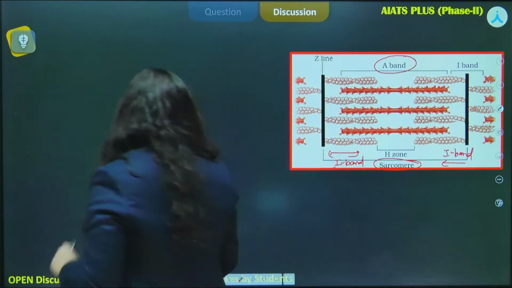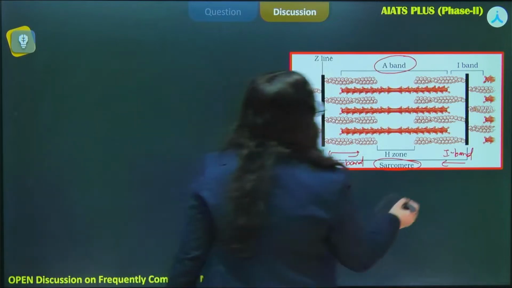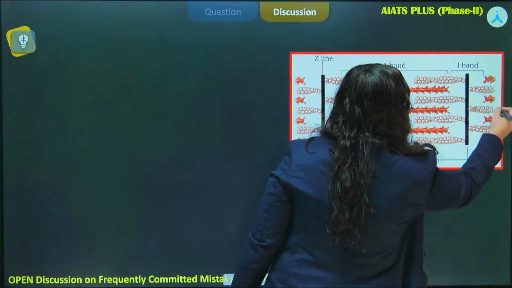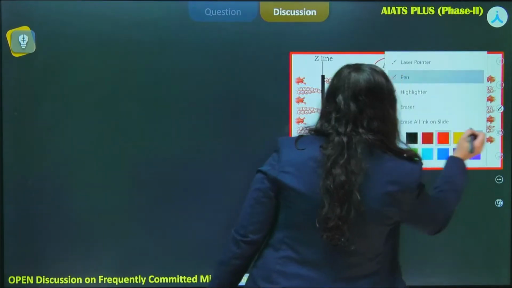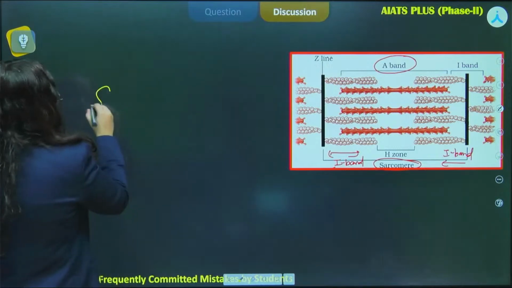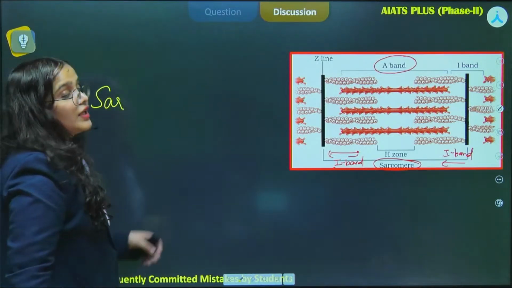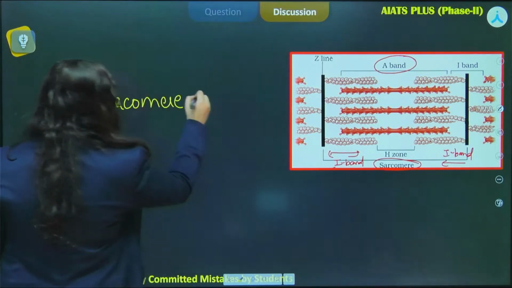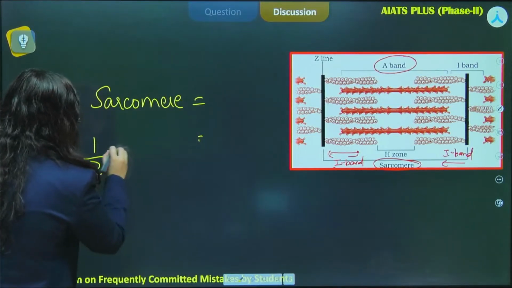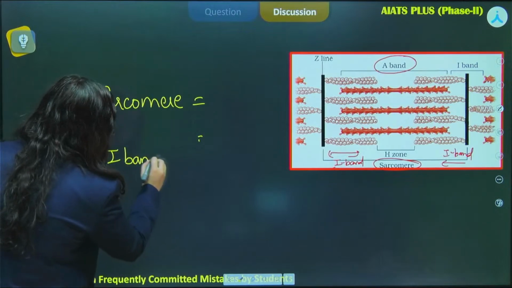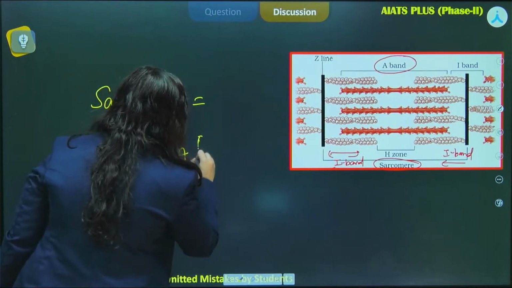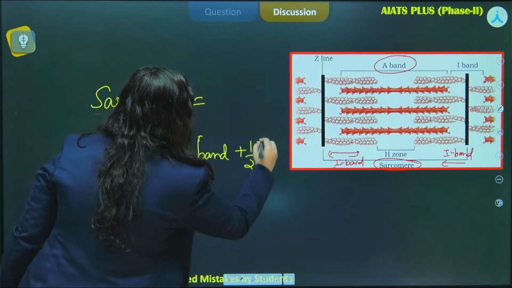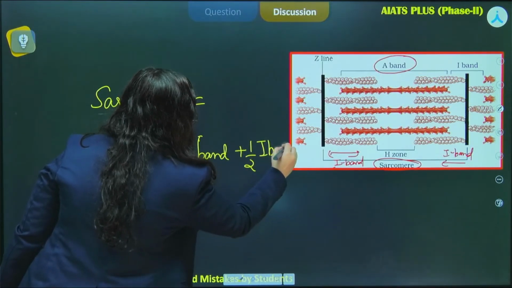So basically a sarcomere is made up of two half I bands on either side and one A band. And this is a very favorite question which is often asked in the NEET exam. So the sarcomere is composed of half of I band plus the A band, and then we have half of I band from the other side.